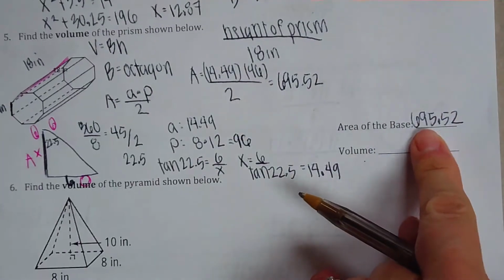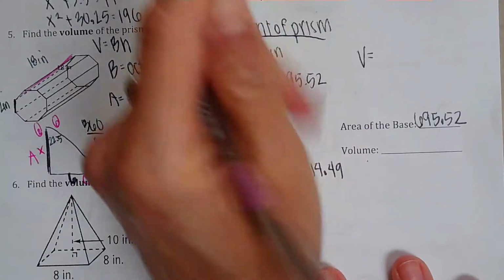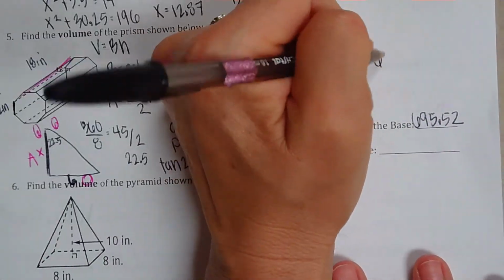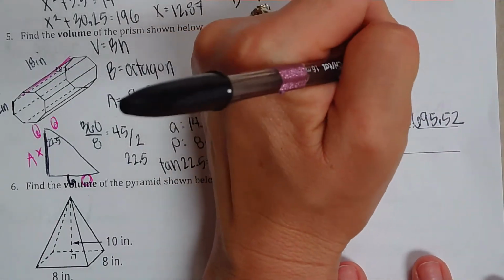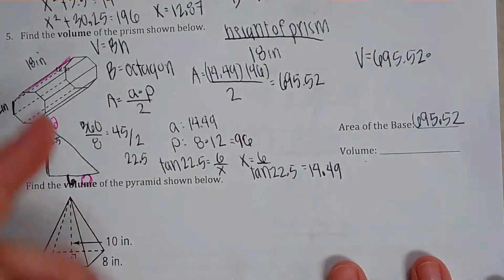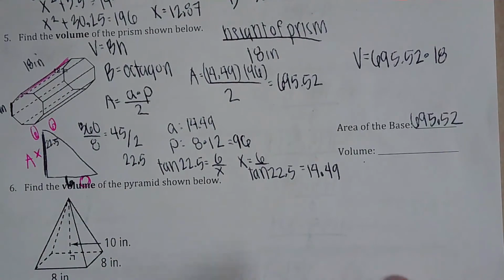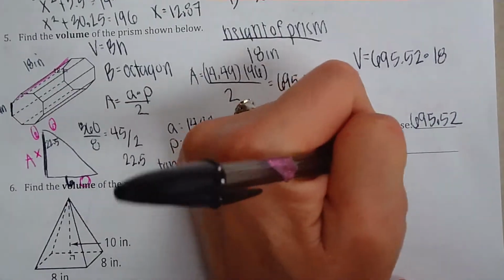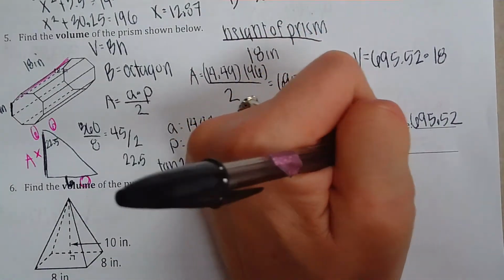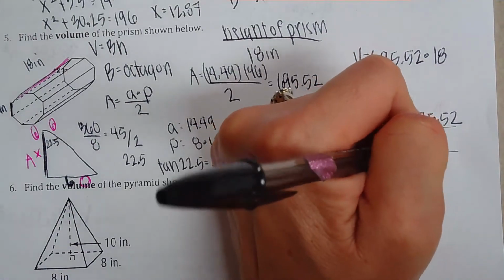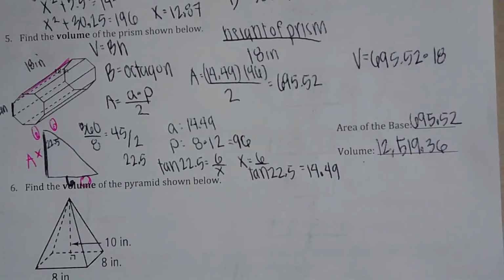And now I can figure out my volume because I take the area of my base, 695.52, and I multiply it by my height, which is 18. And I get my volume, which is 12,519.36. Ooh, that's a big one.